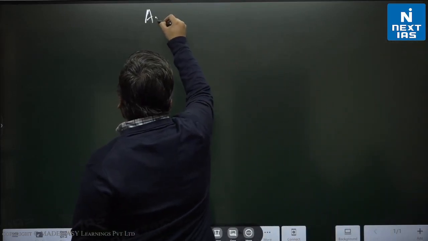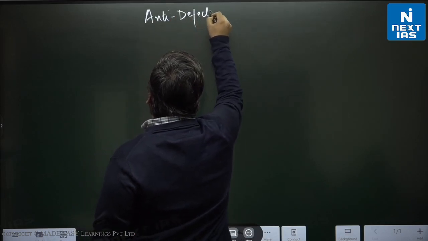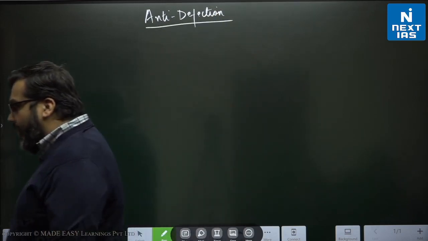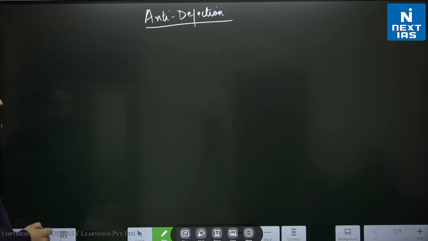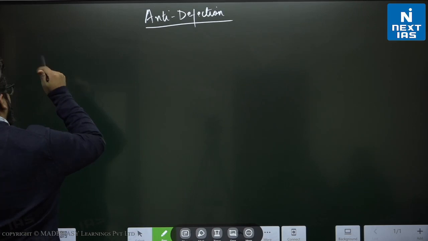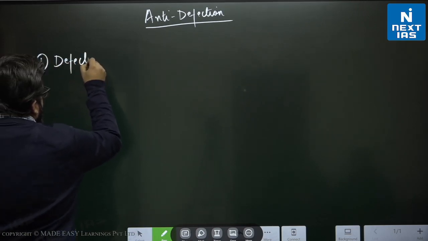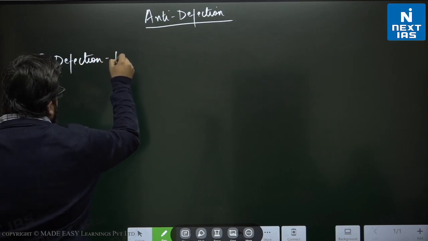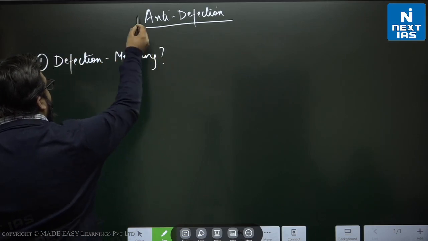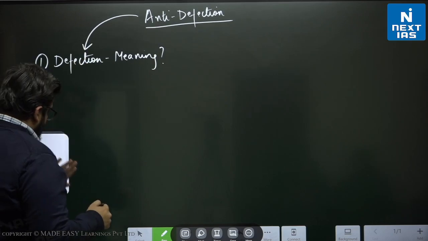We are going to be discussing anti-defection law, and when we discuss anti-defection law, what is it that we will be covering? This is a full analysis important for the mains. First, आपको defection का मतलब, what is the meaning of defection? You have to first understand this, and then you have to understand how you are creating a law to control or to eliminate defection.